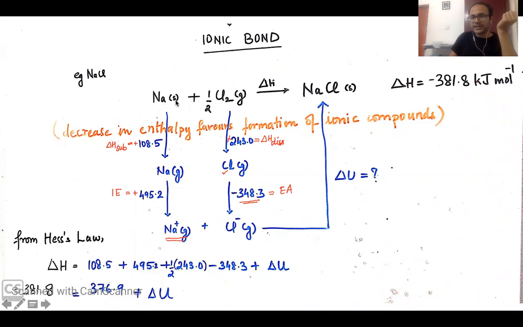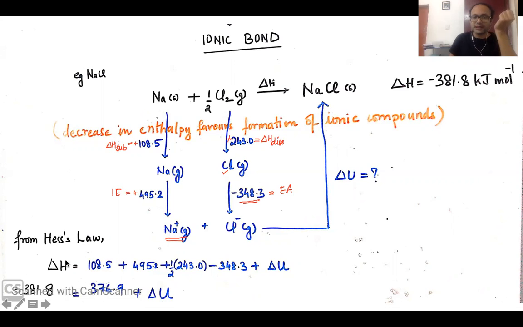You can reach sodium chloride via a combination of sodium solid plus Cl2 gaseous to form this particular ionic compound, or you can reach sodium chloride by these steps: first converting into a gaseous state, then gaseous sodium, and similarly all these individual steps to ultimately give you the solid compound.